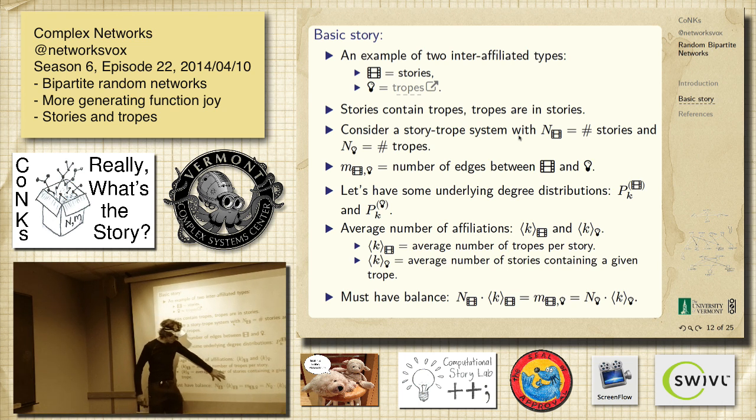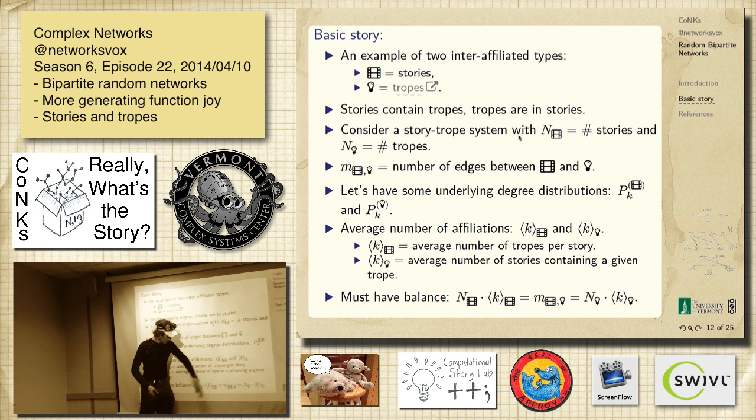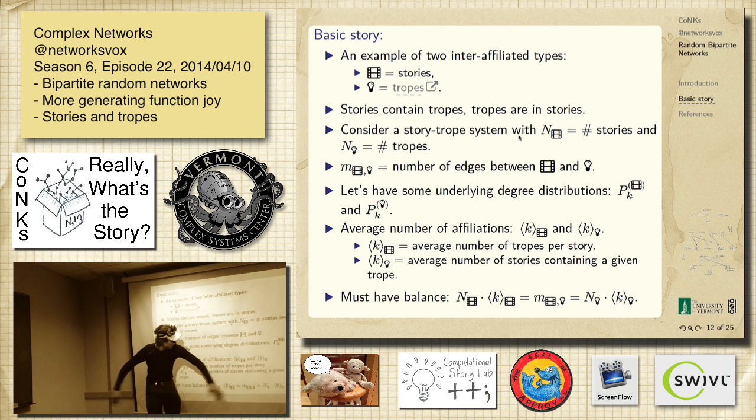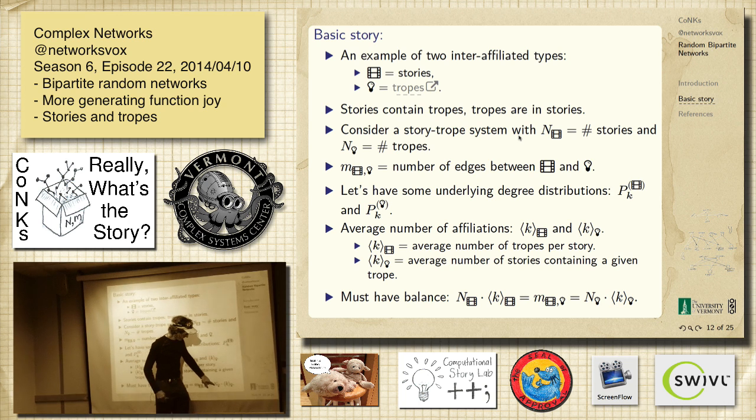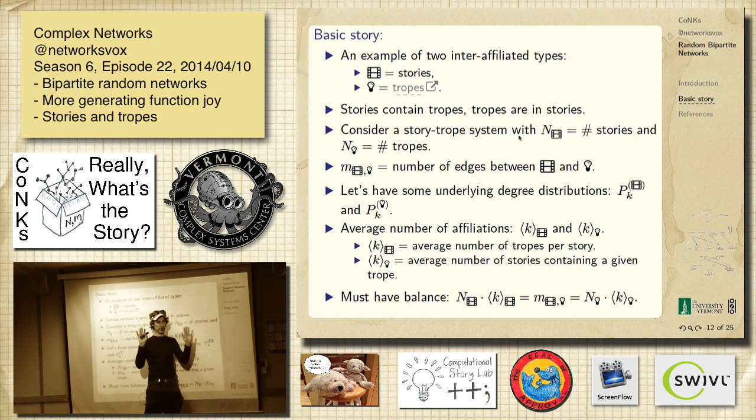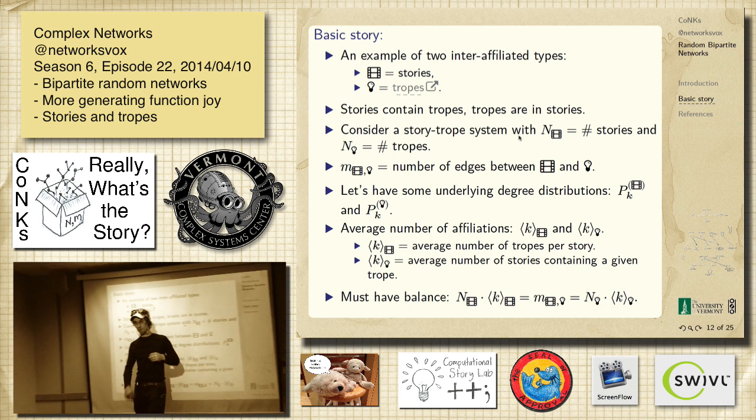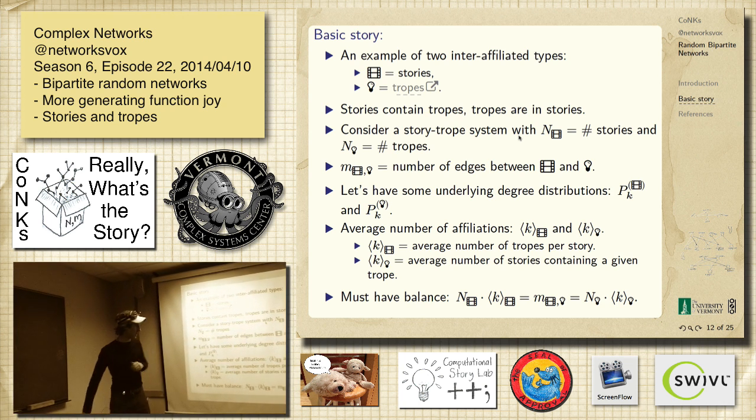So the number of stories times the average number of tropes per story will give you the number of edges coming out, the total number of edges pointing down to the tropes, and pointing back up to the stories has to be the number of tropes multiplied by the average number of stories they're involved in. So that's really the only balance.